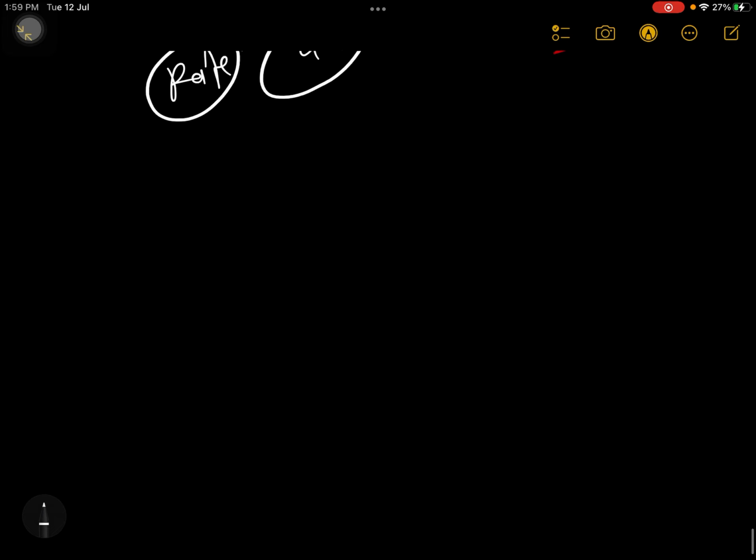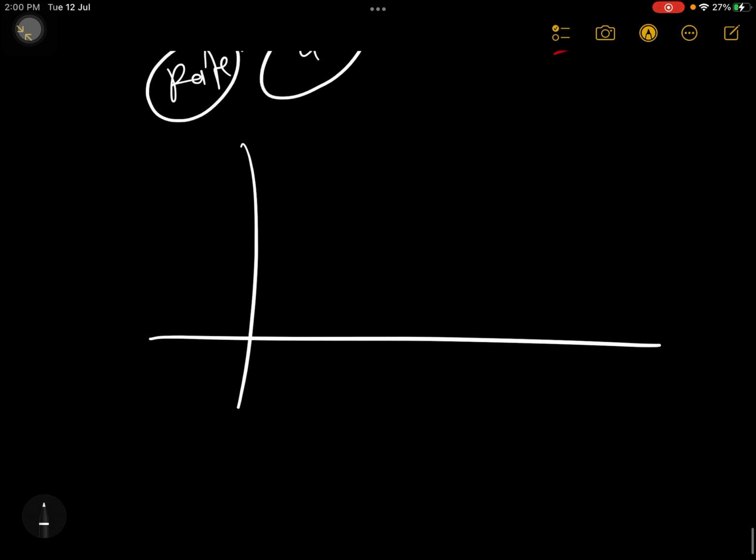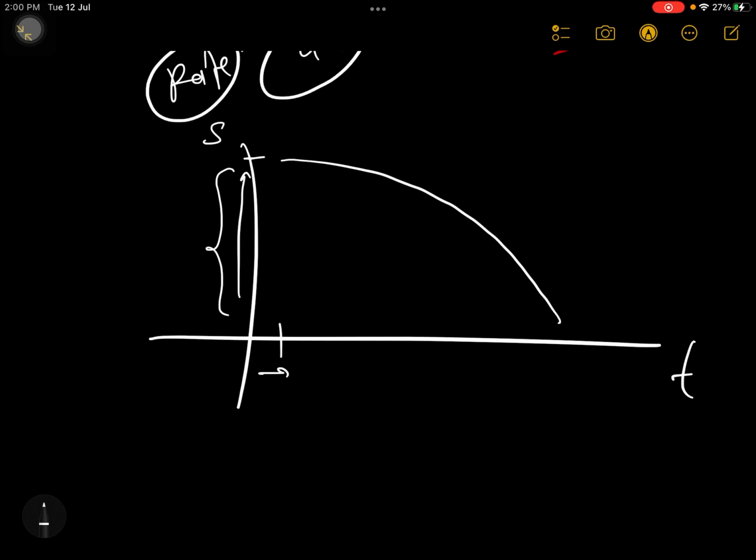So let's understand this part now. This kind of slope, it means what? Here, this is a displacement-time graph. In the beginning, when your time was this much, at this much time you had this much displacement. But when time was increasing, see how many things are happening here. First thing, you can see this was your slope at this location, this was your slope.